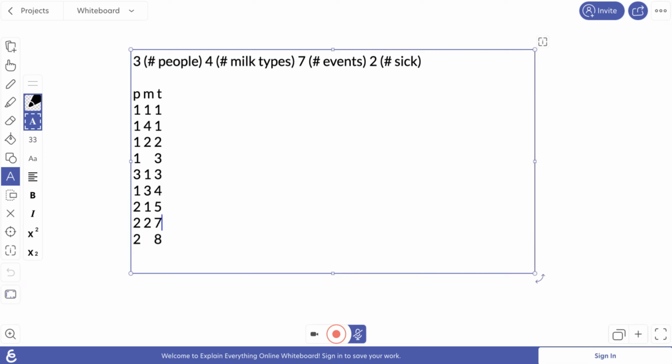So after sorting these events, we see that person 1 and person 2 get sick at times 3 and 8 respectively.